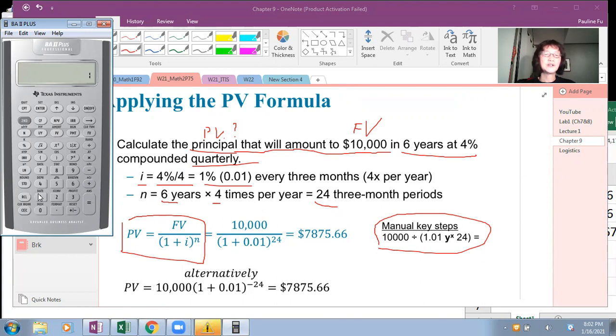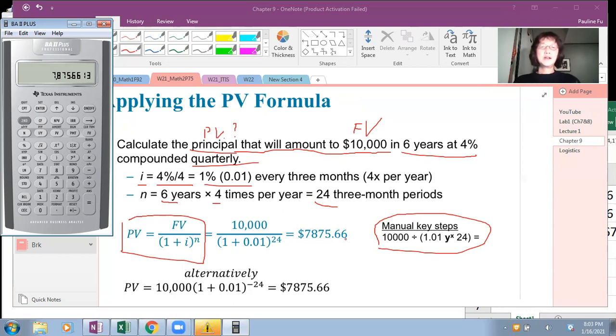Okay, so 10,000 divided by, bracket, 1.01 raised to the power, this y^x is raised to the power, 24, closing bracket, and then press equal. Okay, you get this number. So this is a calculation by hand.